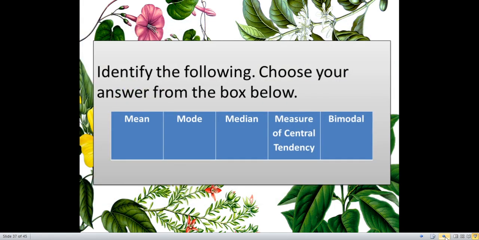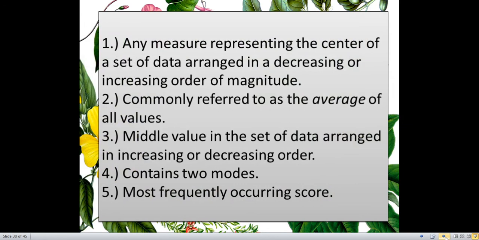So after you do learning tasks 1A and B, we also have to identify the following. Choose your answer from the box below. Our choices are mean, mode, median, measure of central tendency, and bimodal. And here are the questions. First, any measure representing the center of a set of data arranged in decreasing or increasing order of magnitude.